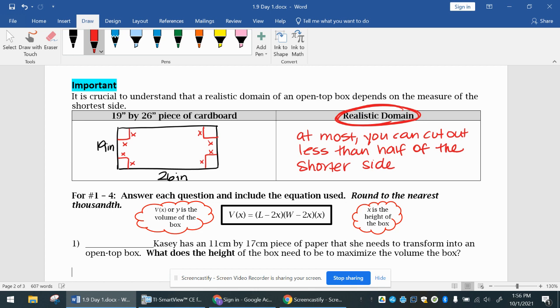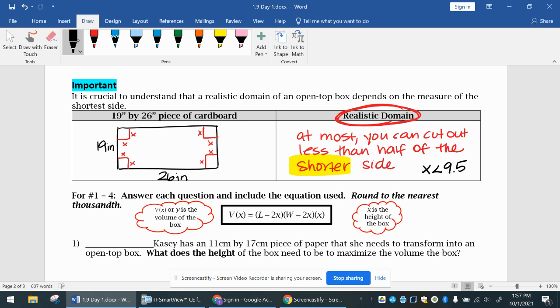So if you look at this example, the shorter side was 19. Half of that is 9.5. So x has to be less than, not equal to, 9.5. Because if I put 9.5 into my equation, with 19 as my length and 26 as my width, it's going to give me a volume of 0.